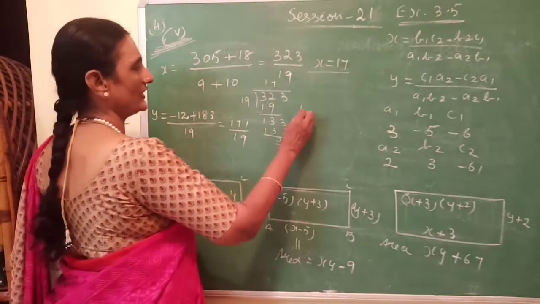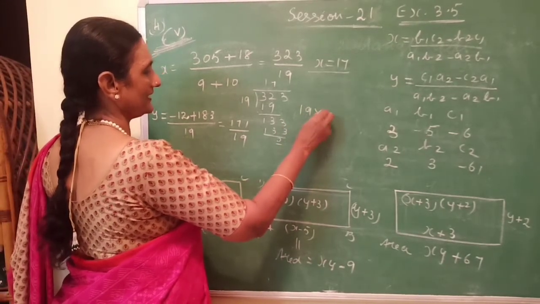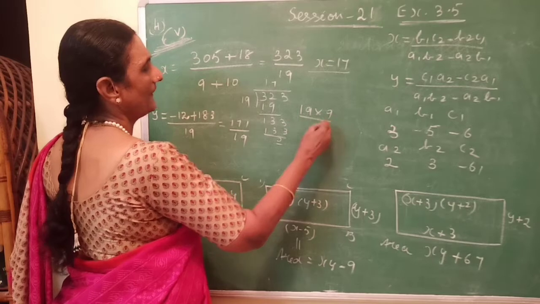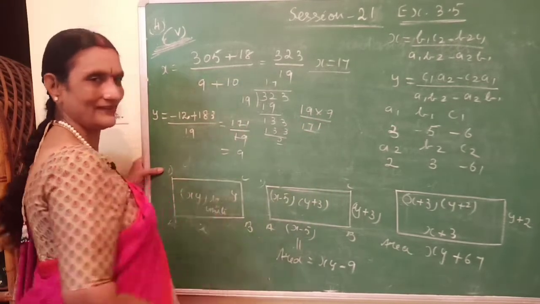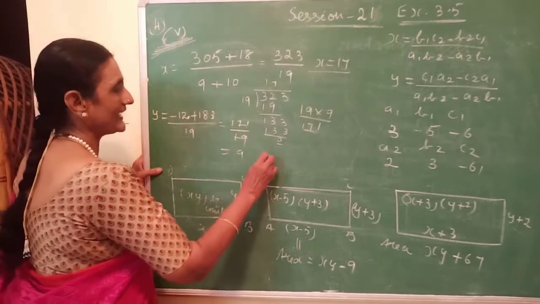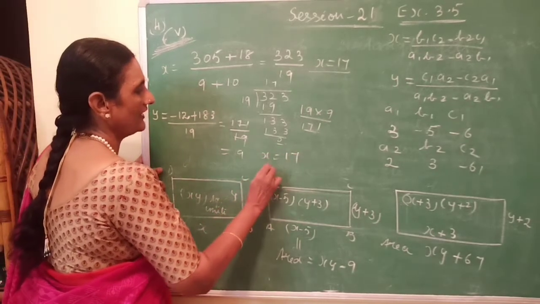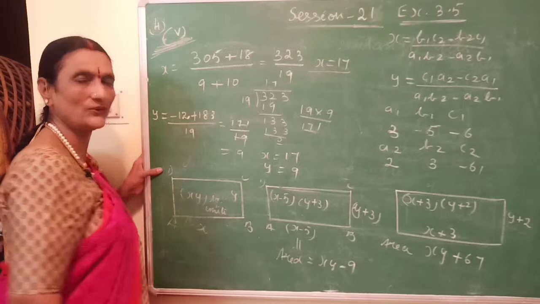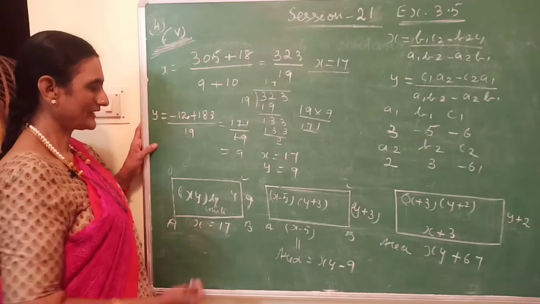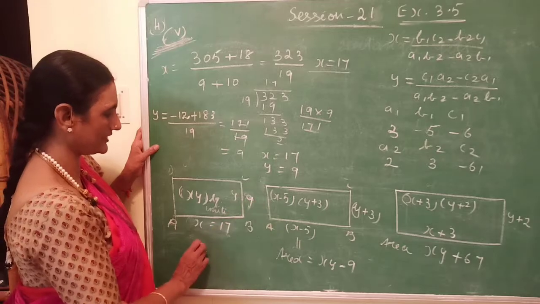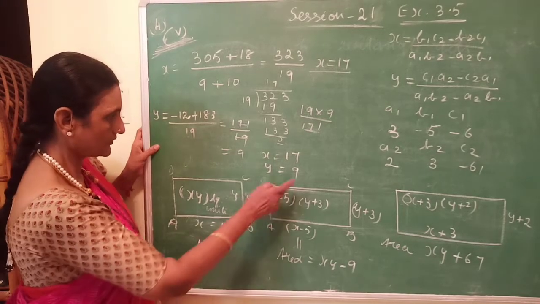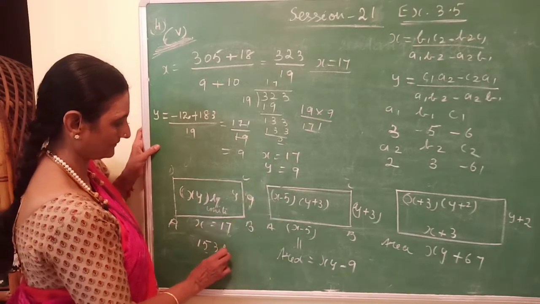If you can even verify here, 19 into 9 gives you 171. Therefore this value is 9. Okay, therefore x is equal to 17, y is equal to 9 units. So what is the area of this rectangle? 17 into 9 gives you 153 square units.